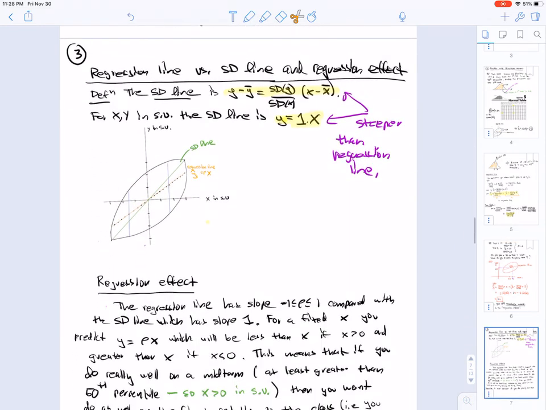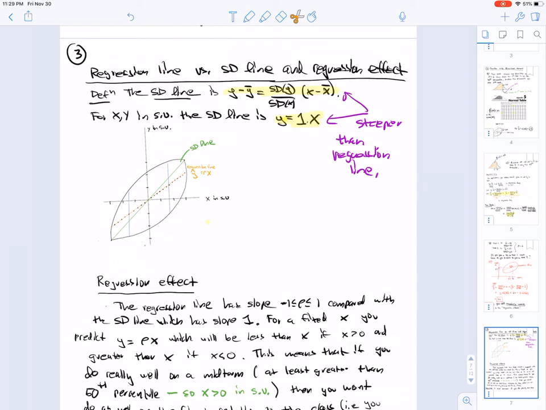So to discuss the regression effect, we introduce the SD line. The SD line is basically the line that goes from the tip of the football to the other tip of the football. So it's a line that has slope sdy over sdx, and I've given the equation of the SD line in the top highlighted equation here, or in standard units it just has slope 1.